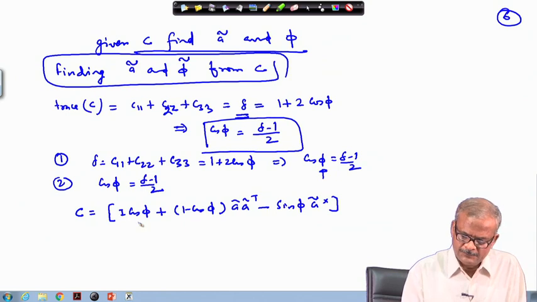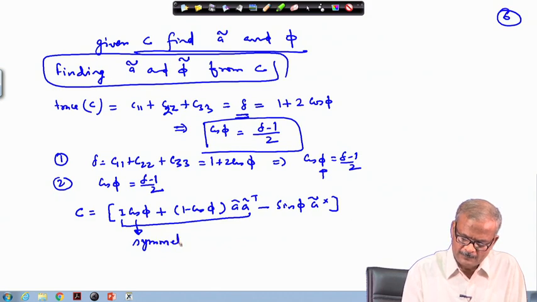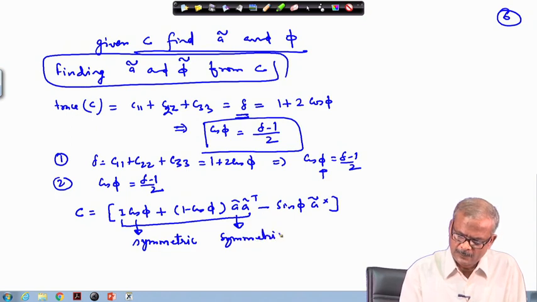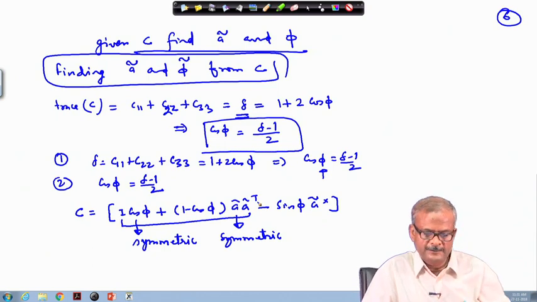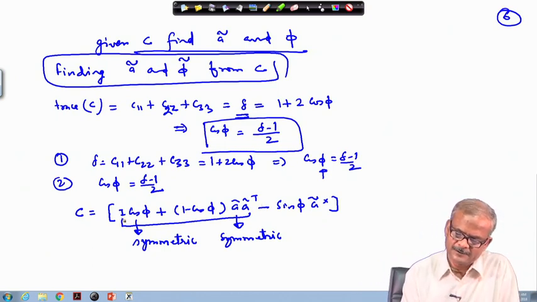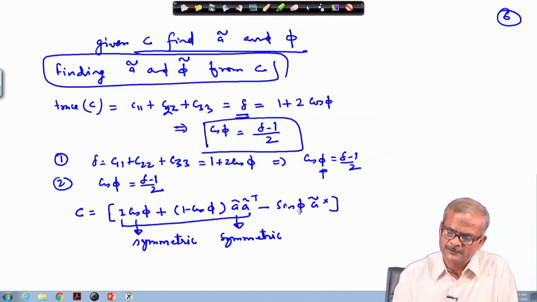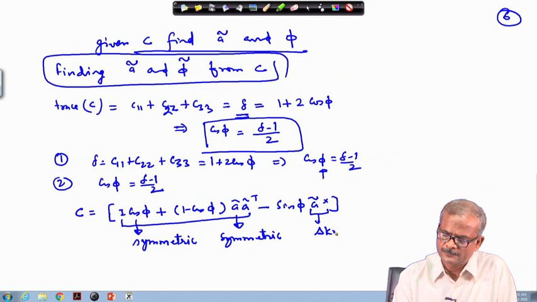If you look into this, this is a symmetric term, this is also a symmetric term, because A tilde times A tilde transpose is a symmetric matrix. Similarly, I is a symmetric matrix, and therefore together it is a symmetric term, while on this side this is a skew symmetric term.